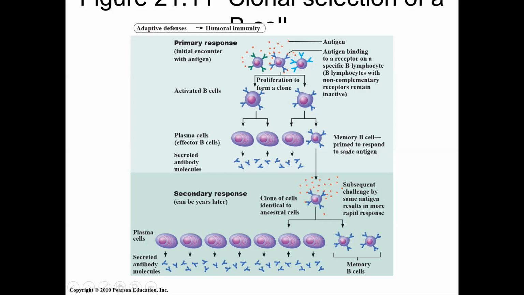So next time when you encounter the same antigen, these cells can quickly be released into the battle, and then you can have a much stronger immune response, and you will not get sick. You are going to win the battle because you have more soldiers.